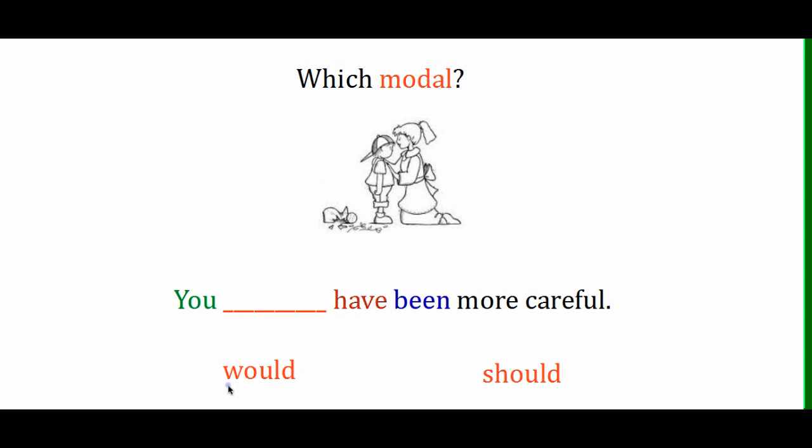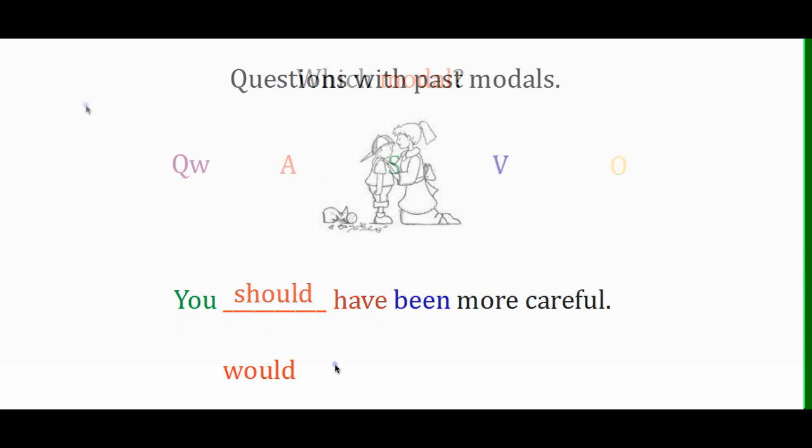So it can't be would, because we can only use would if the subject is I. Okay? The subject is you. So we need to say you should have been more careful. Okay? So this is advice about something that happened in the past.